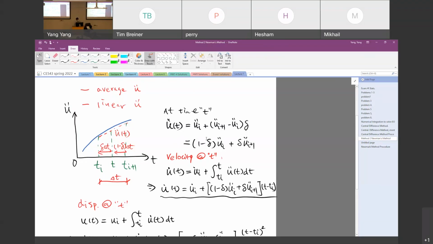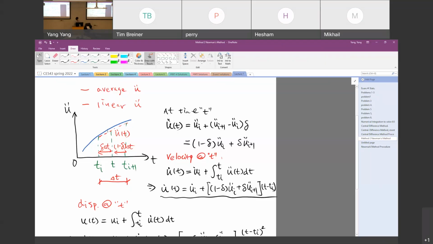So the delta is a selected number. For example, you can select delta equal to 0.5 or 0.3 or 0.7. It's selected beforehand, before you run your program, so that we can approximate the acceleration at any arbitrary time in terms of the acceleration at time i and time i plus one. Does that make sense? Yes, thank you.